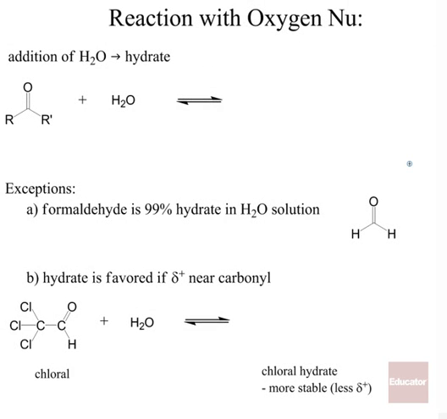Now, everything we've seen up to now for reactions with aldehydes and ketones have been carbon nucleophiles. Well, we saw the hydride nucleophile, but we also saw carbon nucleophiles, the acetylide or cyanide or a Grignard or the Wittig, forming new carbon-carbon bonds. We're going to shift gears now and take a look at reactions with oxygen nucleophiles. And what's interesting about oxygen nucleophiles is right here, we see that this is reversible.